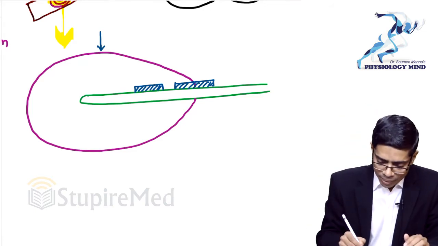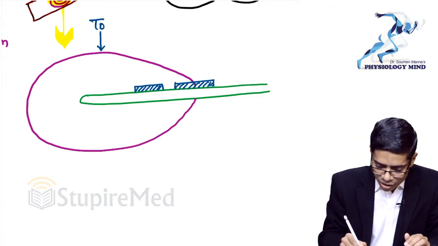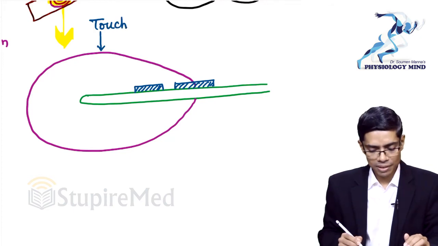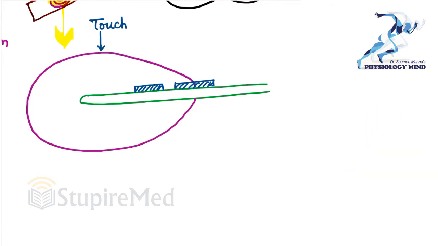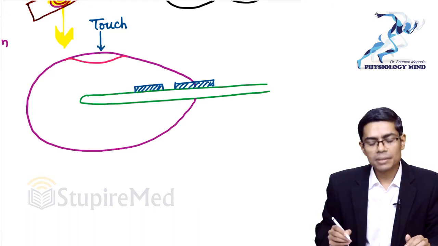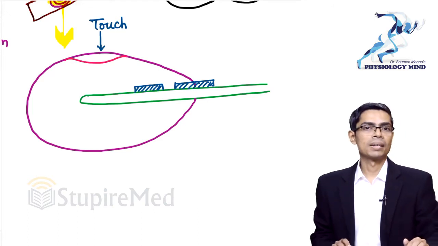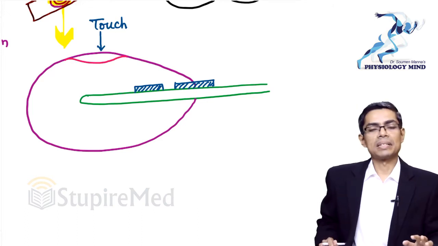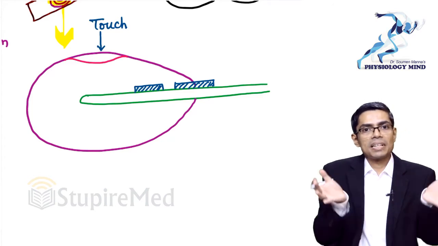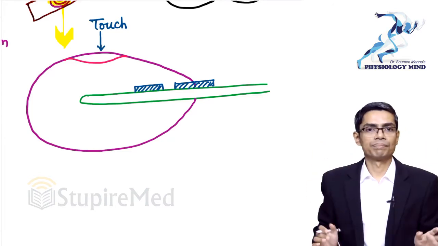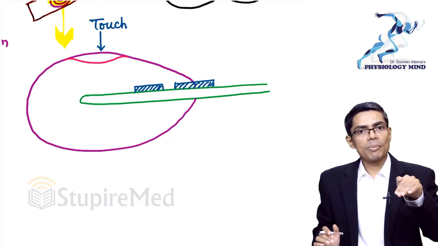So whenever you give a touch stimulus here, there will be a little depression on this Pacinian corpuscle. Just imagine that the Pacinian corpuscle is like a water filled balloon. If you compress the balloon from one side, what will happen?